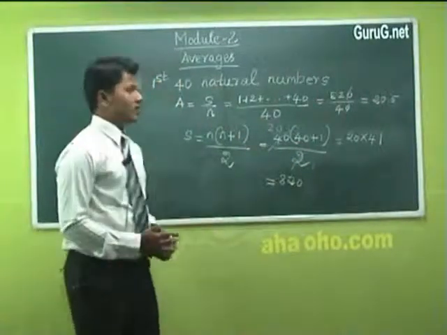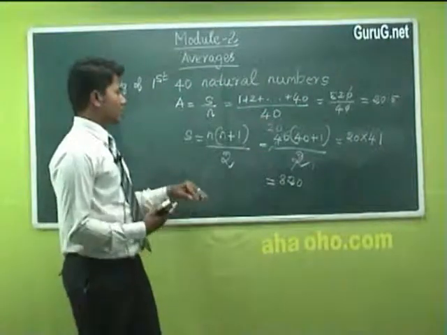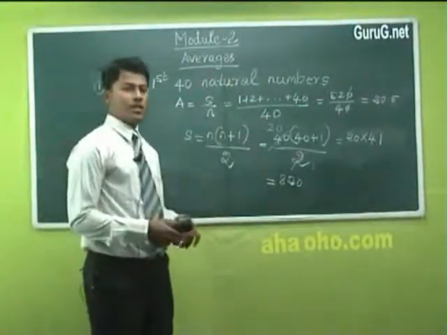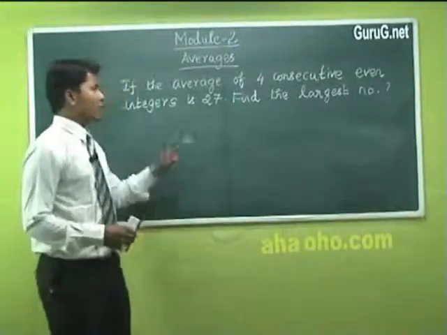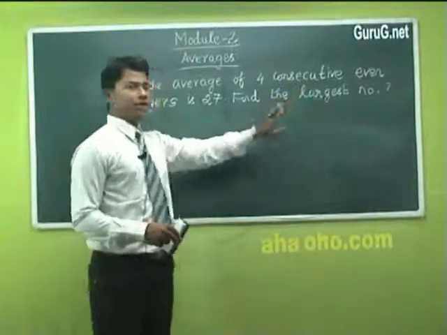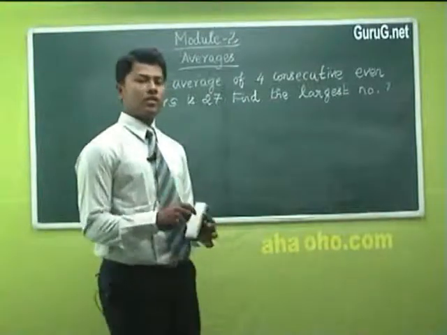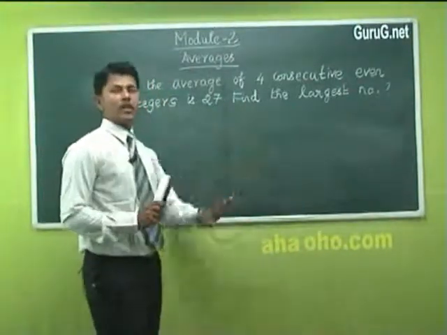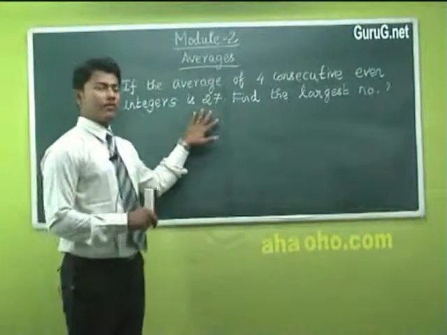Okay, so this is a good example for a problem which involves the formulas that we have learnt in basic arithmetics. You are given a question like this: it is given that the average of 4 consecutive even integers is 27. Find the largest number. So analyze your problem carefully.